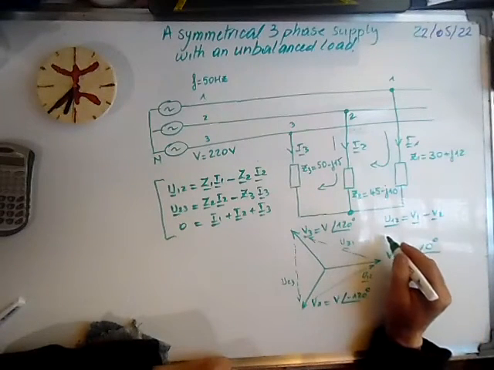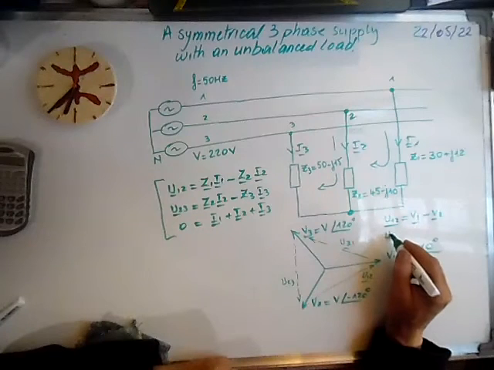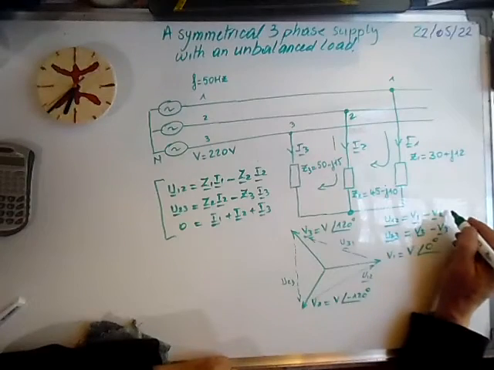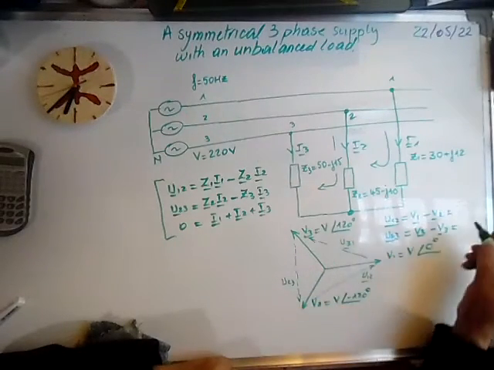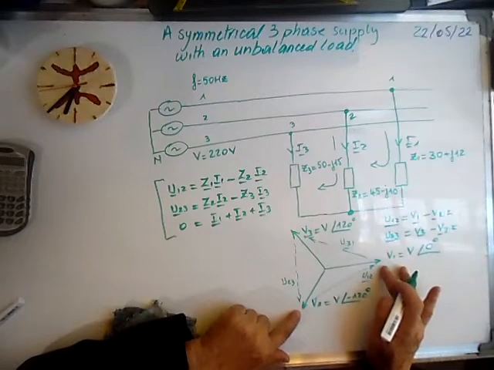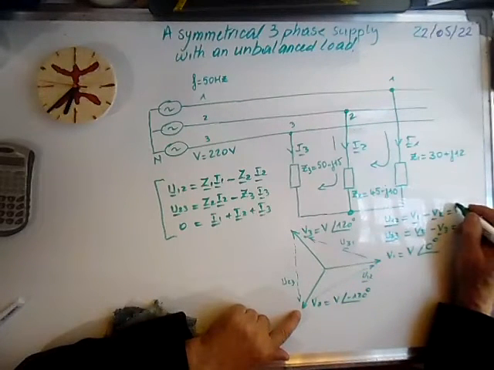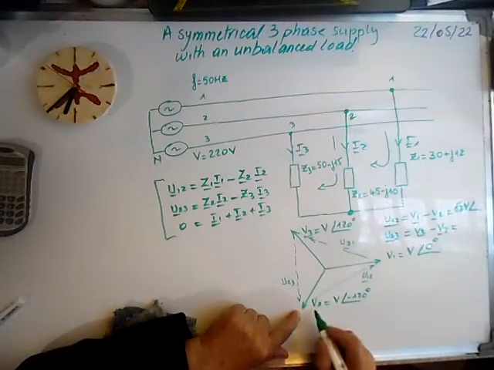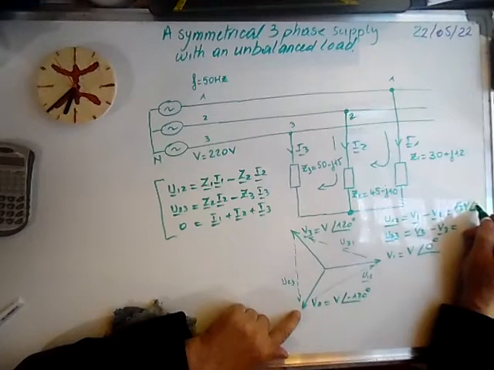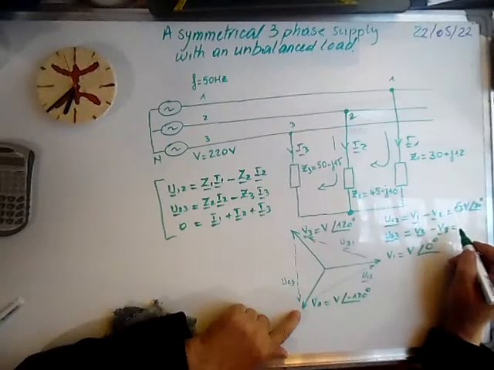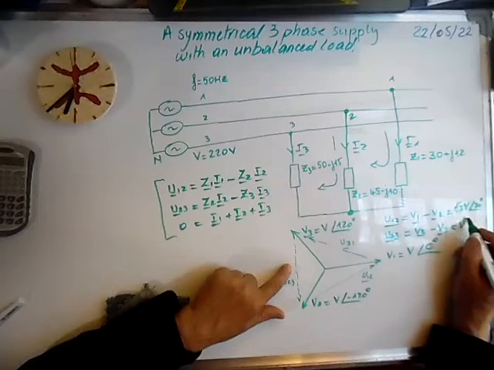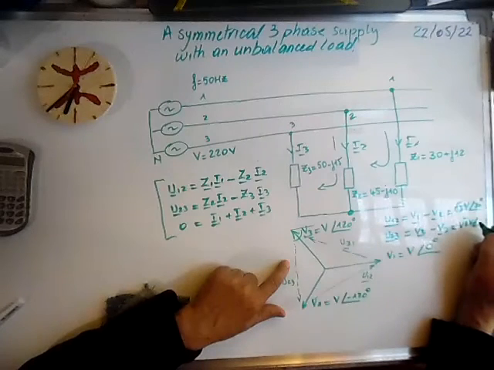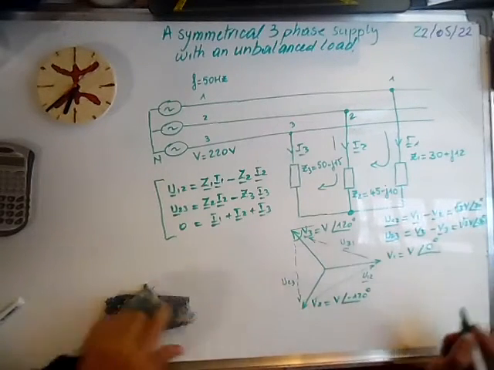U12 is V1 minus V2, and U23 is V2 minus V3, and we can give the result because geometrically we can see that this module is square root of 3 times V, the phase voltage, and the argument is 30 degrees. And this one is square root of 3 V at minus 90 degrees.